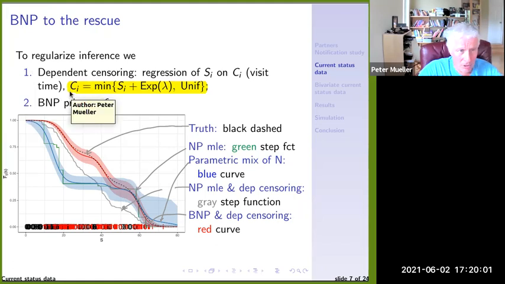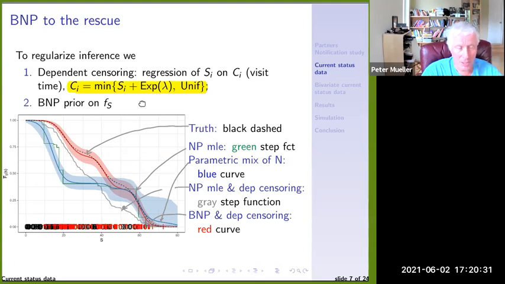But you can see here what I just highlighted in yellow is a specific model for dependent censoring times. You can read the right-hand side of the definition as patients come to the clinic either after they get the symptoms, like if they get the symptoms at time S_i, then after a reasonably short time that we assume to be exponential lambda, they show up in the clinic because they want treatment. Or they come by protocol.